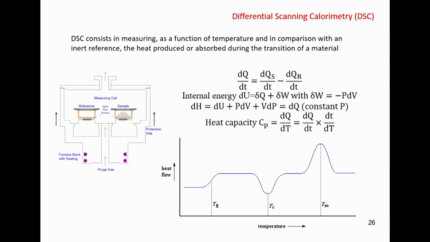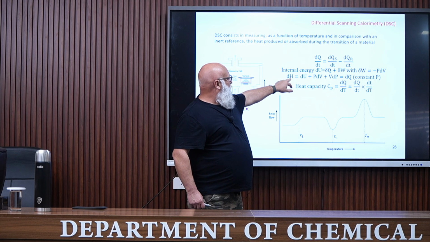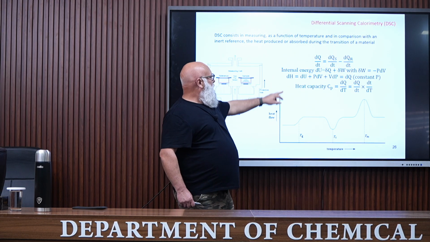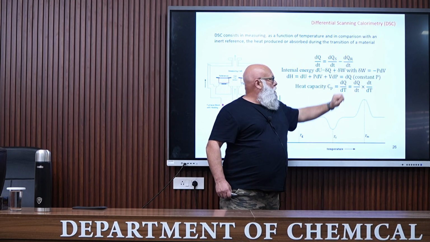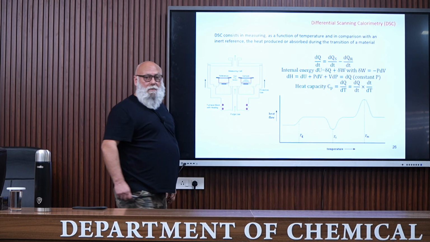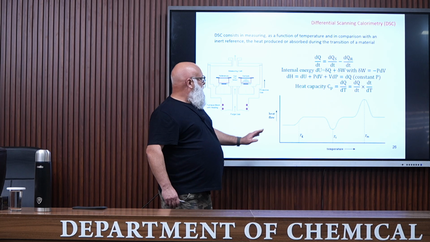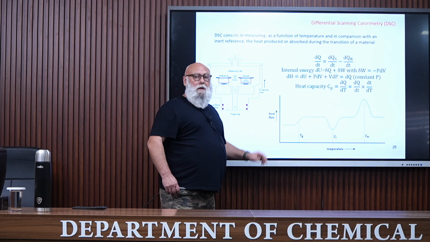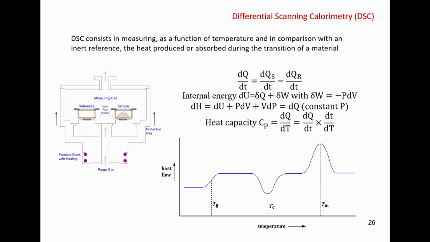Some thermodynamics. The internal energy is given by this equation. We also have the differential enthalpy, which is given by this equation, and in fact it is equivalent to the heat flow. The reason is that DSC works at constant pressure. What it means is that here we can report the heat flow or the enthalpy flow; it's exactly the same thing.